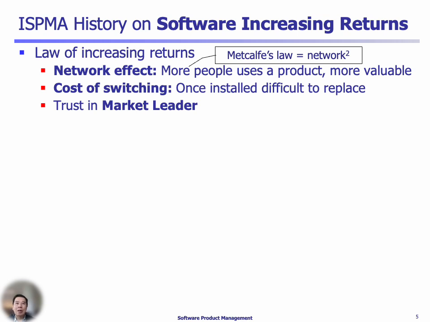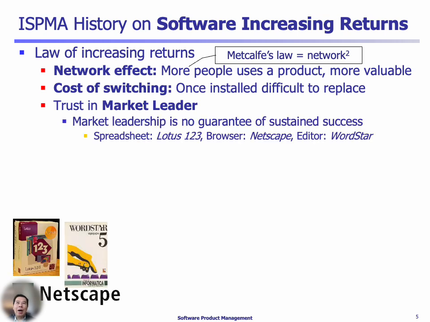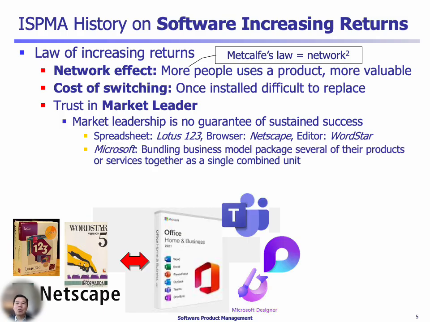Let's look at an example. In the past, for spreadsheets, there used to be Lotus 123. For browsers, there used to be Netscape. For editors, there used to be WordStar. These were previous market leaders that were working very well. However, they've been toppled by companies that use a different business model, particularly Microsoft.